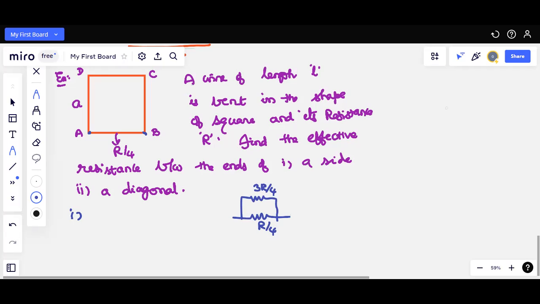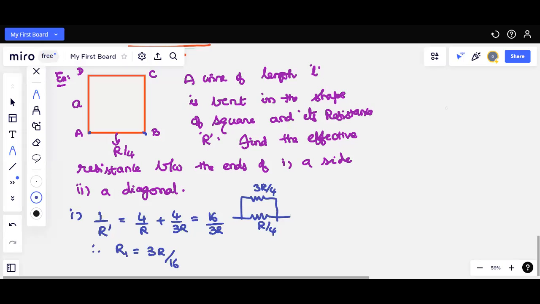They are in parallel, so effective resistance: R' equals 1/(R/4), that is 4/R, plus 1/(3R/4), that is 4/3R. After taking LCM, 4 threes are 12 plus 4 is 16, so you get 16/3R. Therefore R dash equals 3R by 16. They are correct.